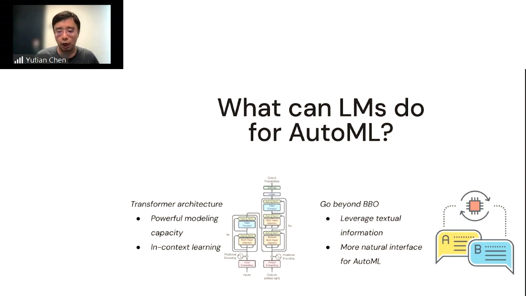In the second part, Richard will talk about what kind of knowledge the pre-trained language model encodes that will be useful for AutoML problems. That is going beyond just the network architecture, to the additional human knowledge that can be consumed in these language models.